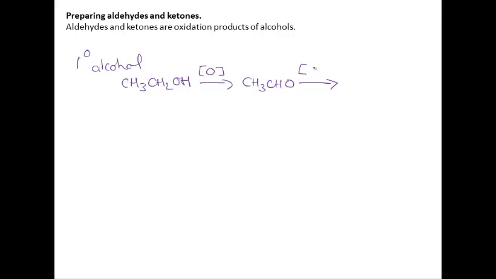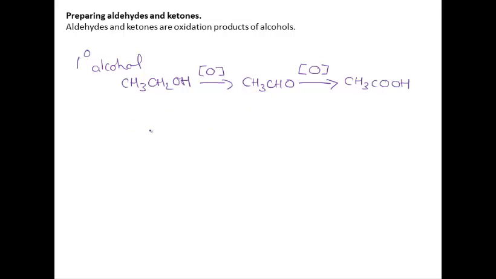our aldehydes themselves are also susceptible to oxidation, so that isn't the end of the story. If you continue to have an oxidizing agent in contact with your aldehyde, you will end up with ethanoic acid unless you remove it.